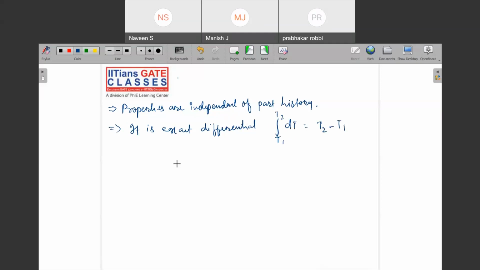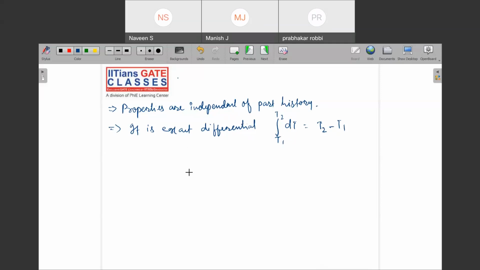Now let us try to understand one very important thing. See, till now we have understood that there is some system, we need to analyze it, and we knew how we define the system.